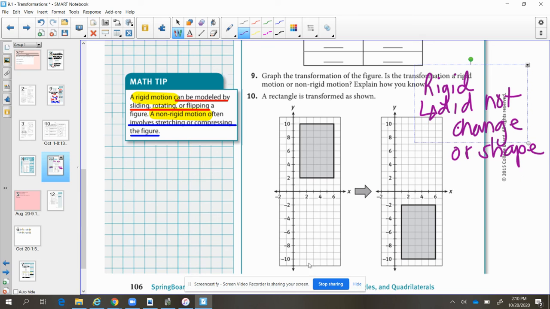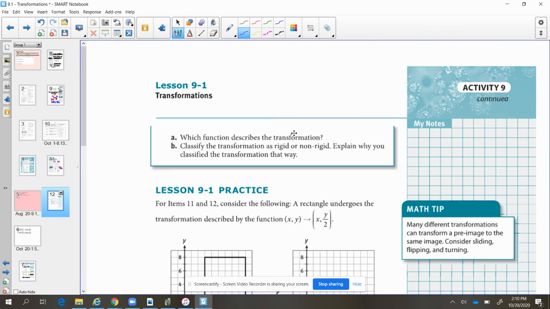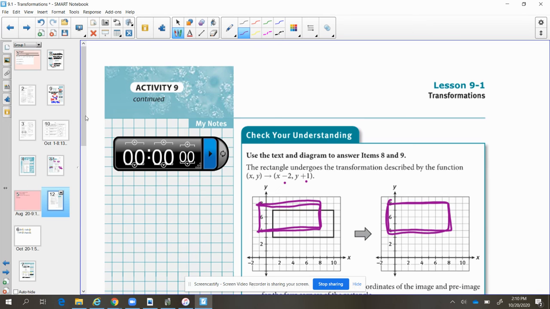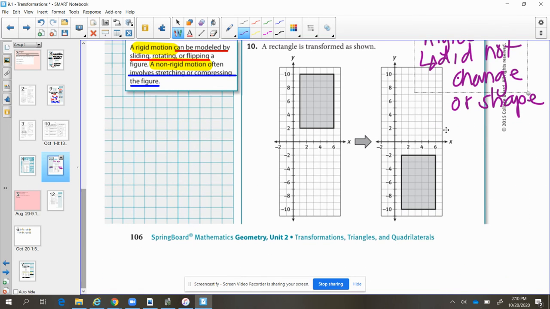Okay, and last but not least, for some reason, the questions for number 10 are on the top of the next page, and it says which function describes the transformation, and then classify it as rigid or non-rigid. So we're going to go back to this one. And a couple things you guys could say here, but the transformation rule that we would see here is that if we're going with a slide here, we moved this piece down.